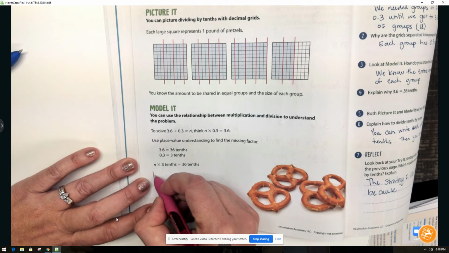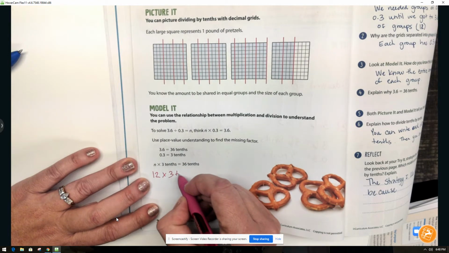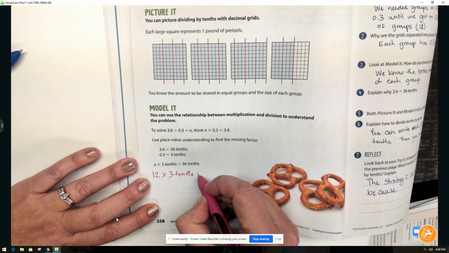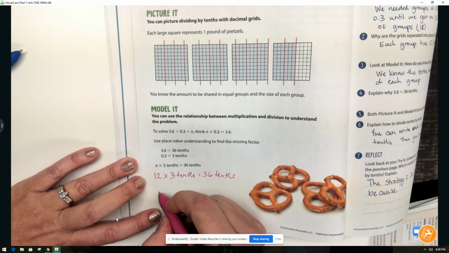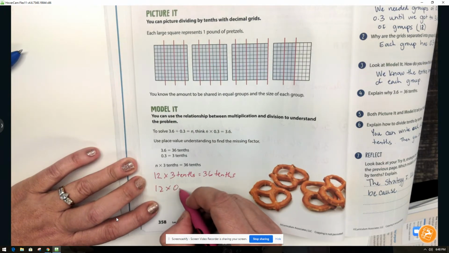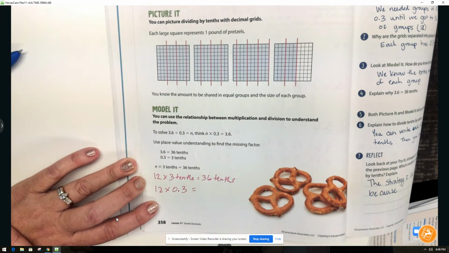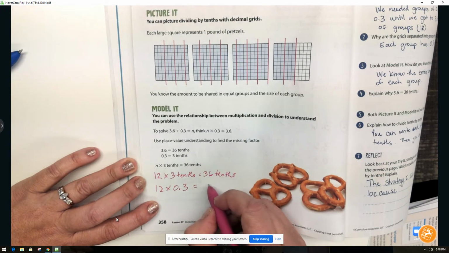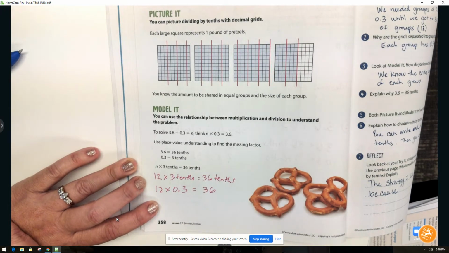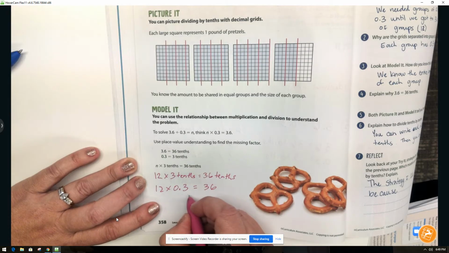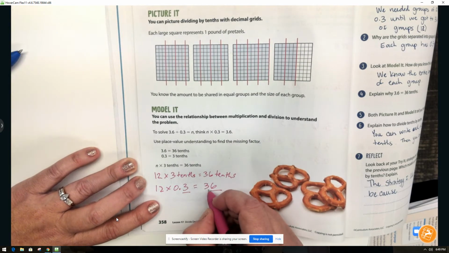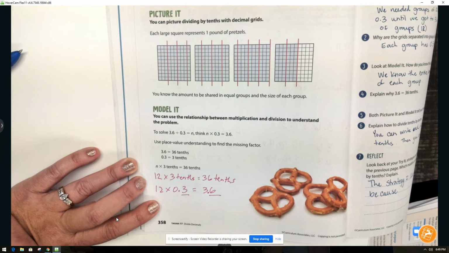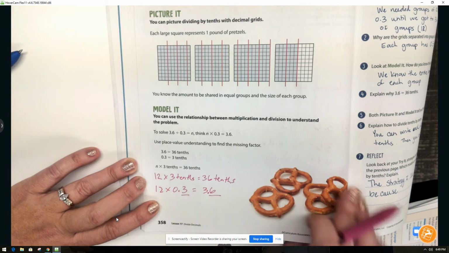So if we had 12 times 3/10, that would equal 36/10, because 12 times 3/10, well, we know 12 times 3 is 36, and then if we don't know where to put that decimal, remember 3/10 has one digit after the decimal, so our product needs to have one digit after the decimal as well. So 12 times 3/10 equals 3 6/10.